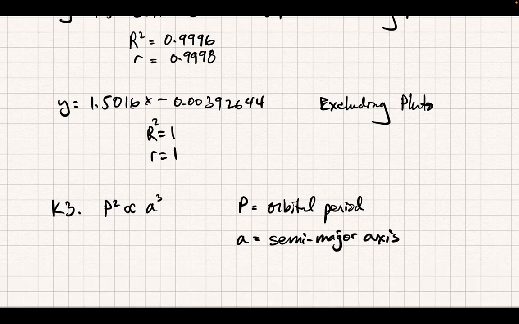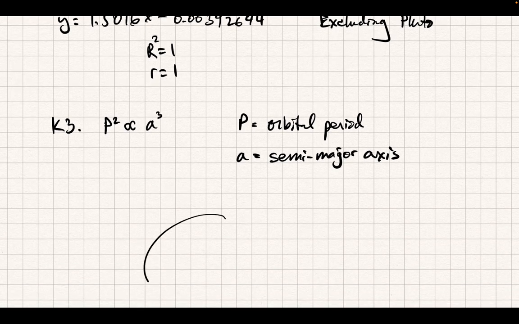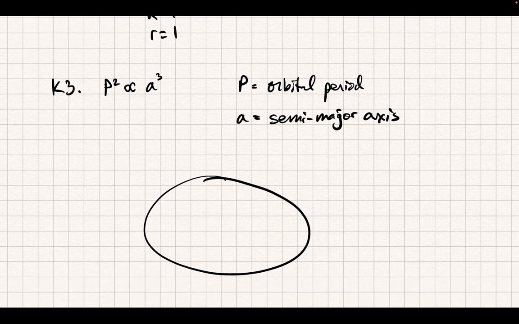And did we talk about semi-major axis last time? If you have a circle, it has a center and a radius. If you have an ellipse, it has two foci. That's kind of analogous to the center, but doing double duty.